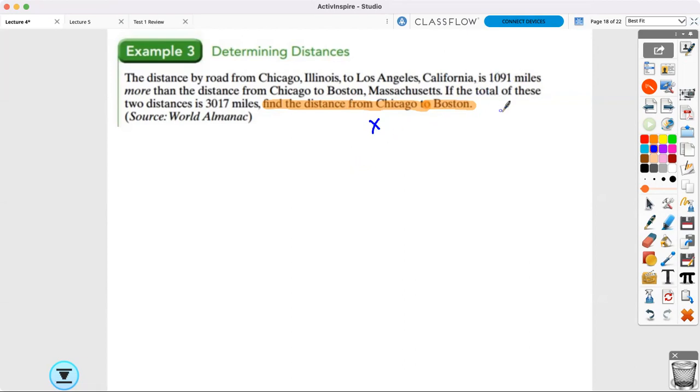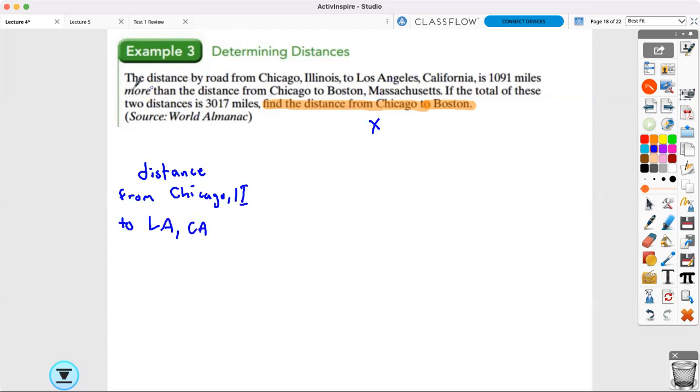So, and we know the total of two distances is 3,017 miles. So what are the two distances we know? So let's look at the first sentence. The distance, so I'm going to write the distance from Chicago, Illinois to LA, California.